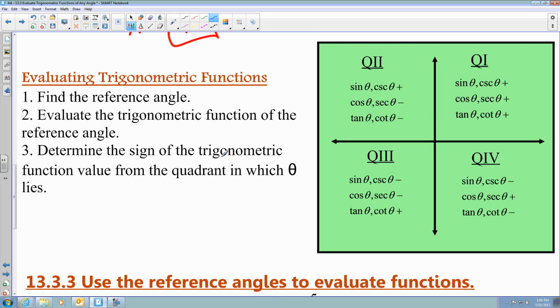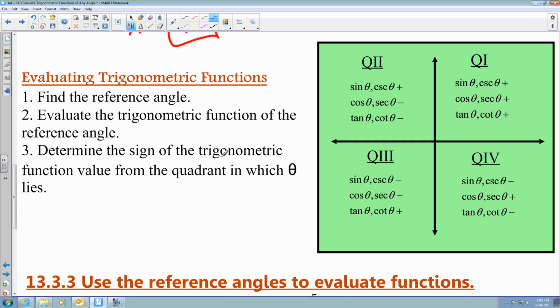This portion here is really important when we are evaluating trig functions. The chart here on my right shows whether each trig function will be positive or negative depending on which quadrant it's in.